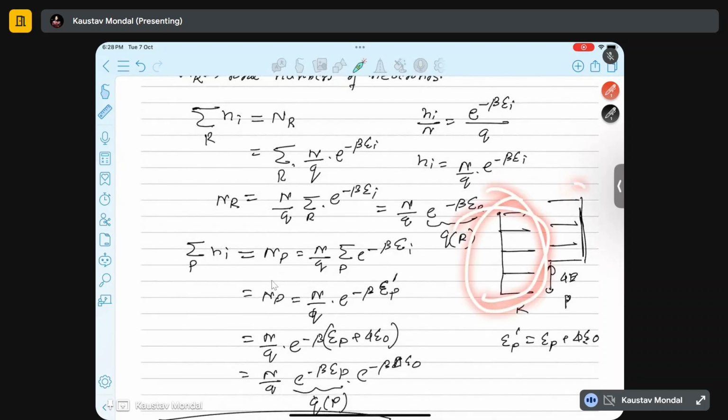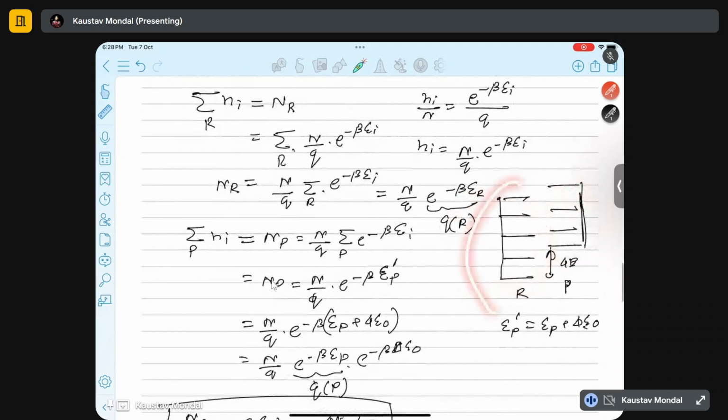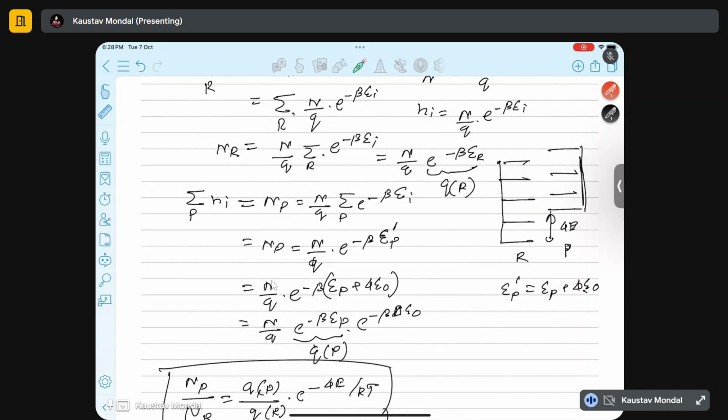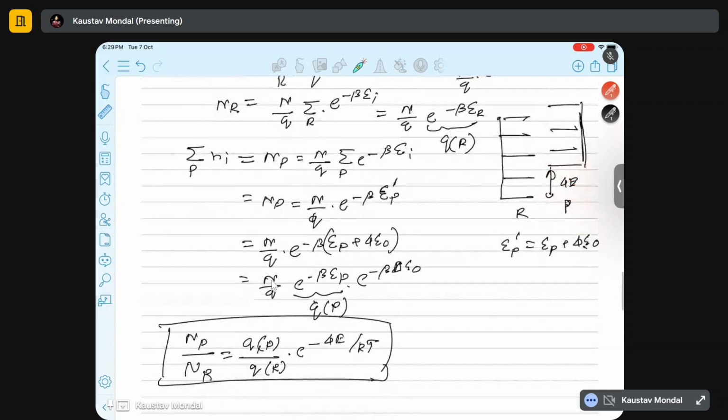This is the reactant energy state, and this is the product energy state. Their zero point energies are different. The difference is written here as delta E. So we can write this change in the total energy as a shift by delta E0 from the ground state energy, right? So we can write EP prime equal to EP plus delta E0. So the total energy is basically shifted by delta E with respect to the reactants energy.